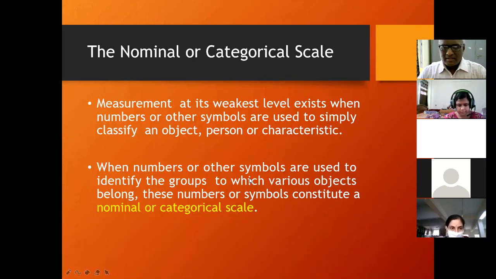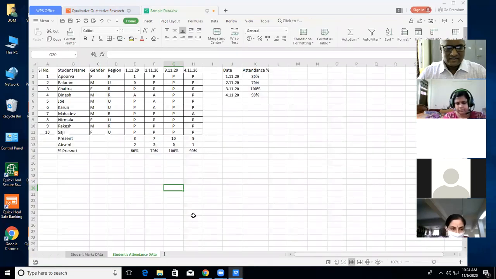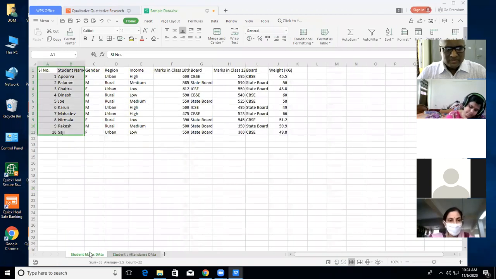When numbers or other symbols are used to identify the groups to which various objects belong, these numbers or symbols constitute a nominal or categorical scale. For example, if you look at this data here, student's name, gender, male, female, male, female. Gender is a categorical scale, region is a categorical scale, income is a categorical scale.